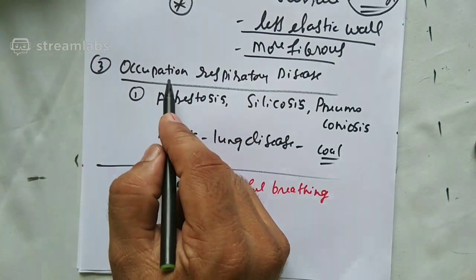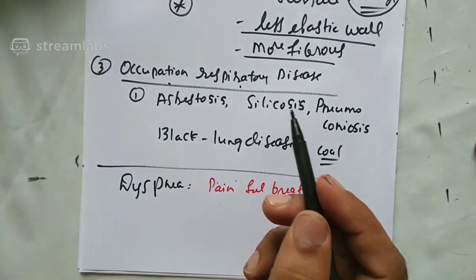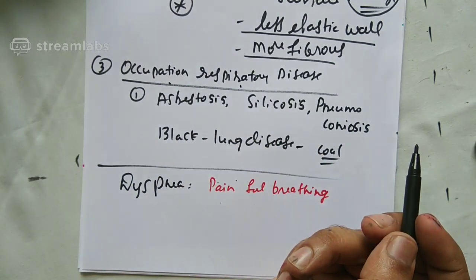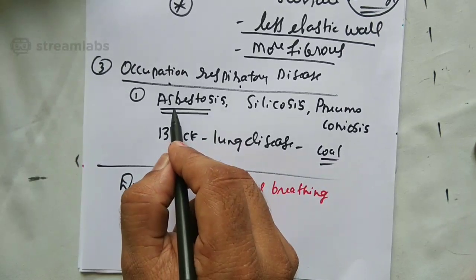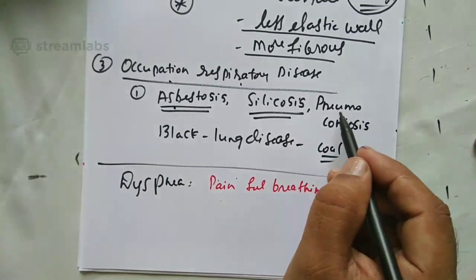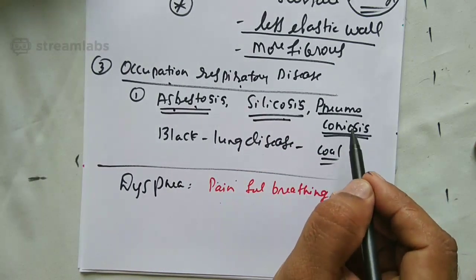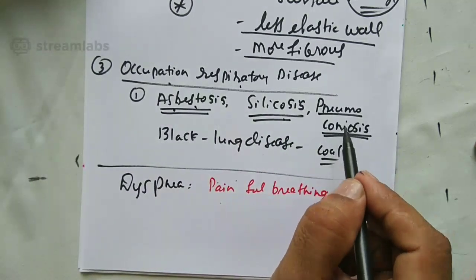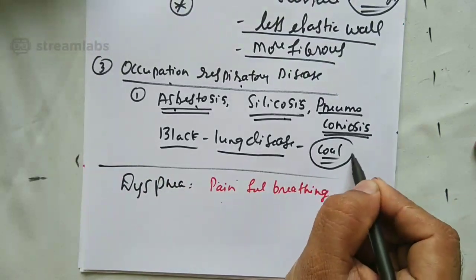Moving to occupational respiratory diseases, means the place where they work, because of that they get diseases. This has appeared as a question several times. Asbestosis, since they are working in an asbestos company. Silicosis, pneumoconiosis or black lung disease, since they are working in the coal industry.